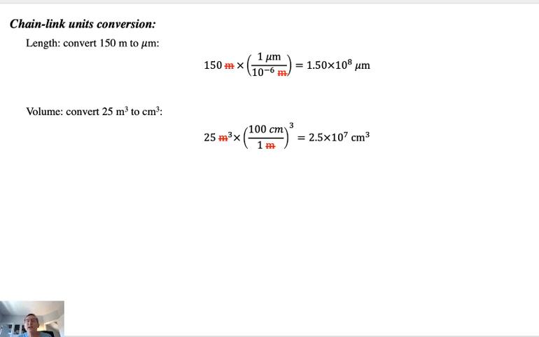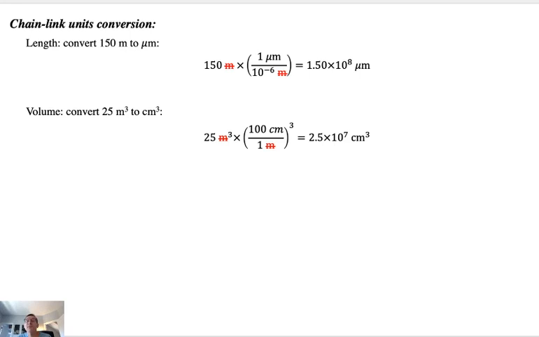I used the chain with the 1 micrometer upstairs and the 10 to the minus 6 meters downstairs so that the unit of meter upstairs in the 150 would cancel the unit of meter downstairs in the chain link conversion, leaving me with the unit micrometer, which is what I want. And then I just use my calculator. I divide 150 by 10 to the minus 6.